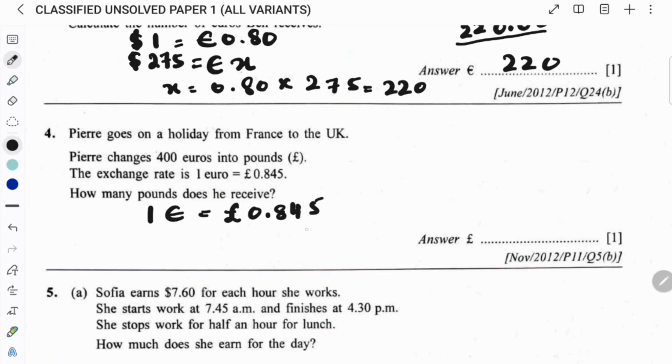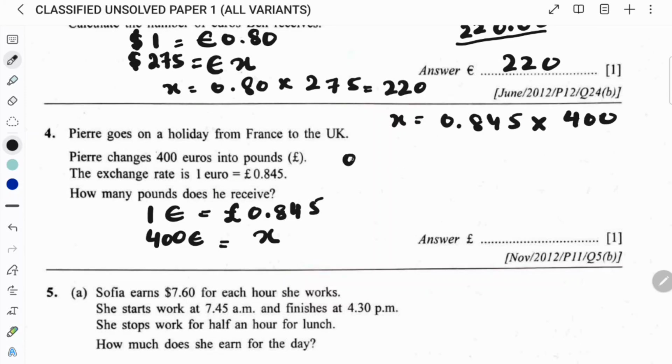Okay, so what do we do? You just find out that 400 euros is given and X pounds is the question. Cross multiply. So you will be getting 0.845 times 400.